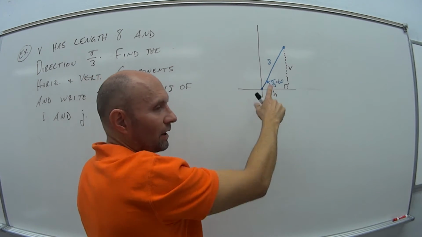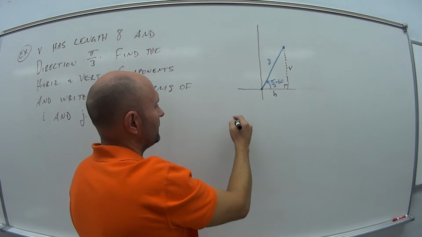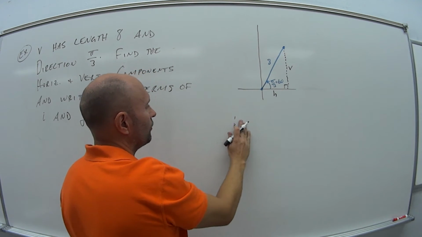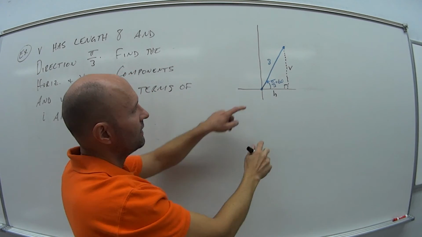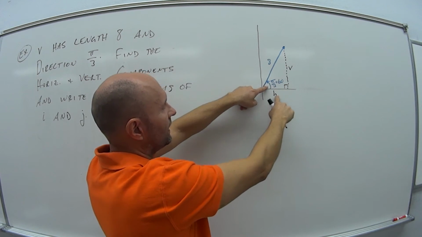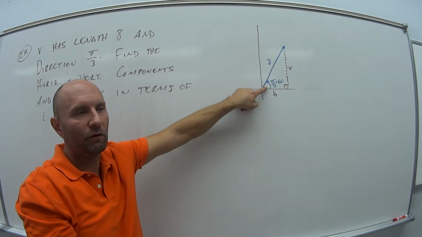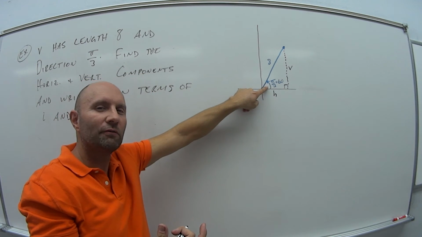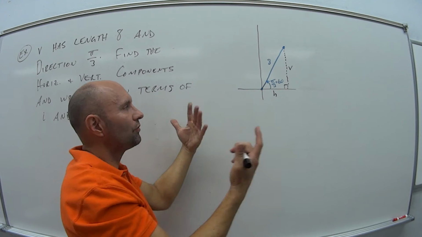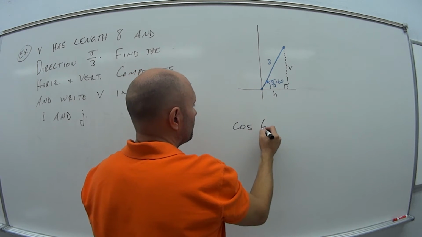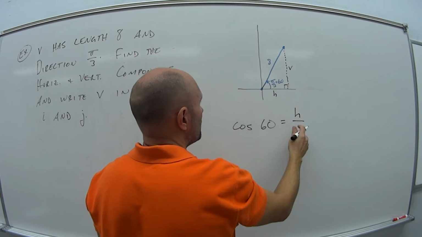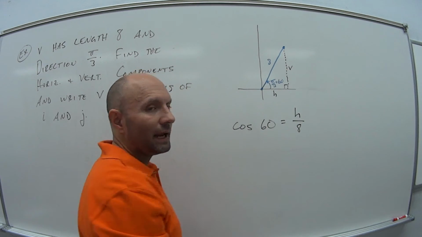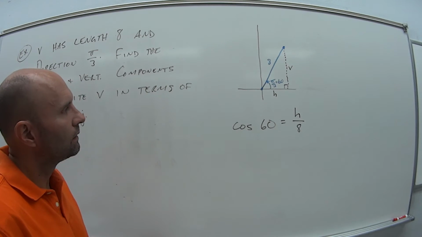So if we want to figure out our value for h first, what would h be in terms of our trig functions? If our theta is 60 degrees, we have an adjacent side and the hypotenuse of this triangle. What trig function uses adjacent and hypotenuse? It's cosine, right? So cosine of 60 is equal to adjacent h over hypotenuse 8.